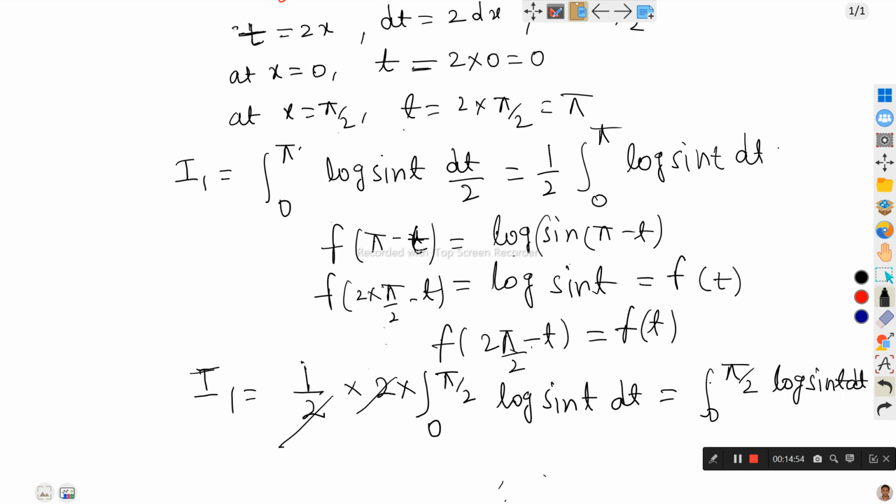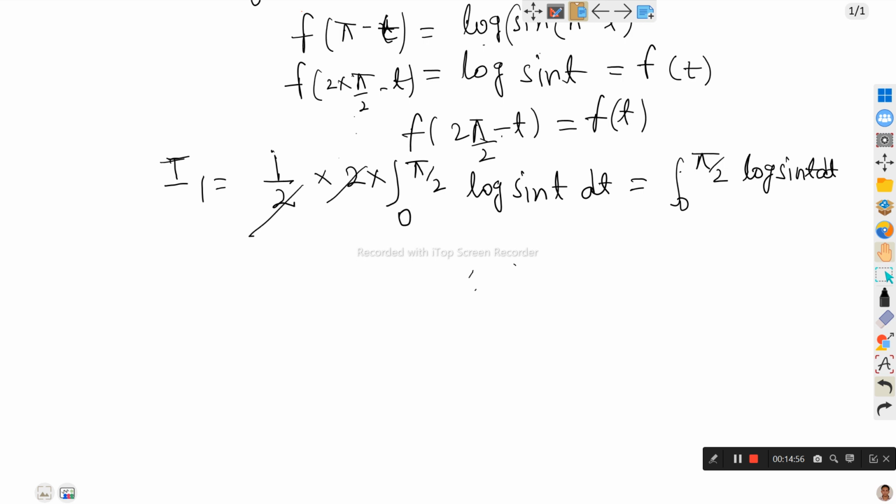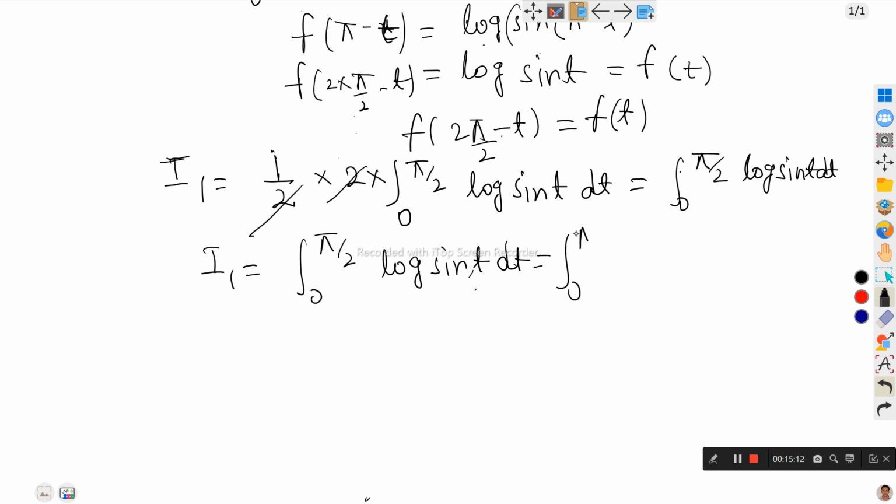A definite integration does not depend on the variable of integration. So the integral from 0 to pi by 2 of log sin t dt can be written as the integral from 0 to pi by 2 of log sin x dx. This integration would be the same, since changing t to x makes no change.